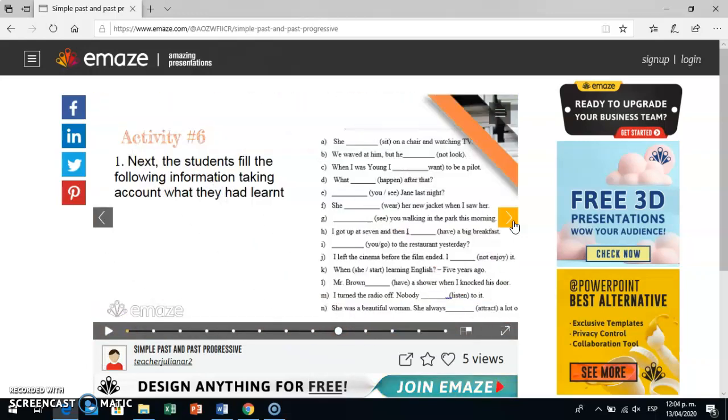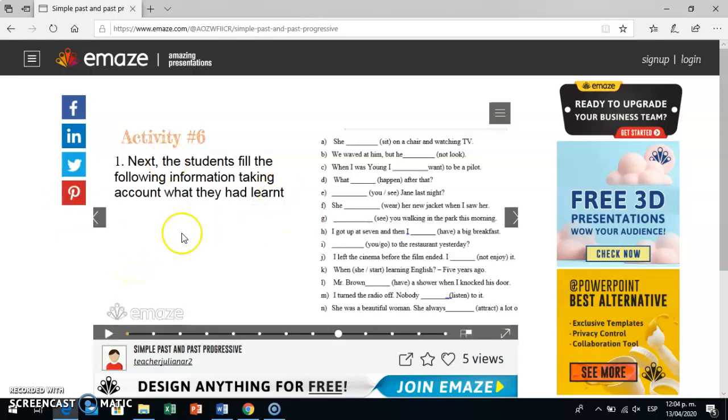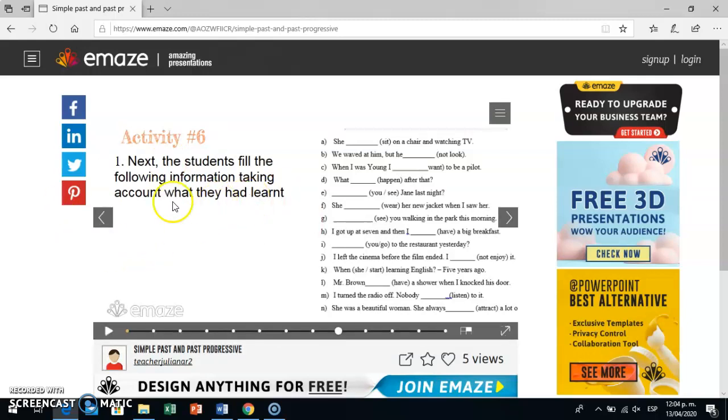And activity number 6 is, the student must fill in the following information, taking into account what they have learned. For example, she, the verb is sit, and this is the complement. They must write this verb in the correct tense.